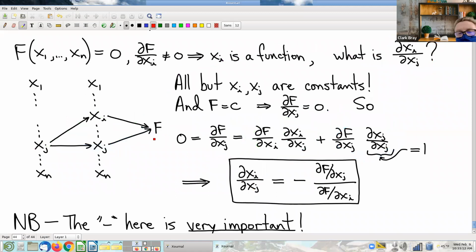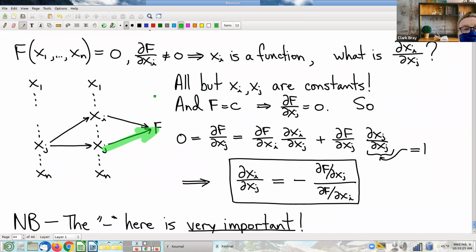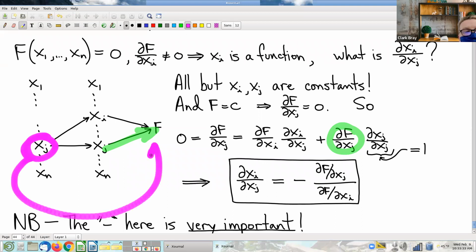There's a real unfortunate fact of the notation, and that is we have to distinguish between that partial derivative, where f is just viewed directly as a function of these variables, which by the way is what this is, versus this derivative, which is a chain rule problem.